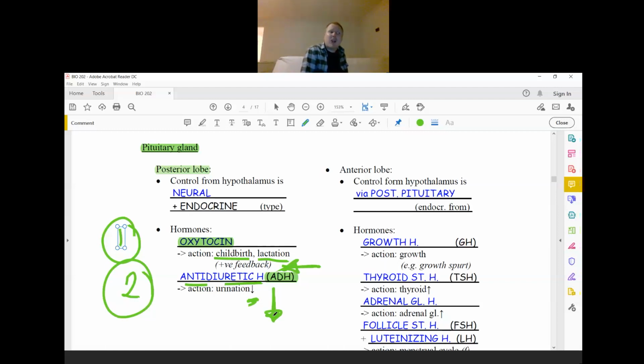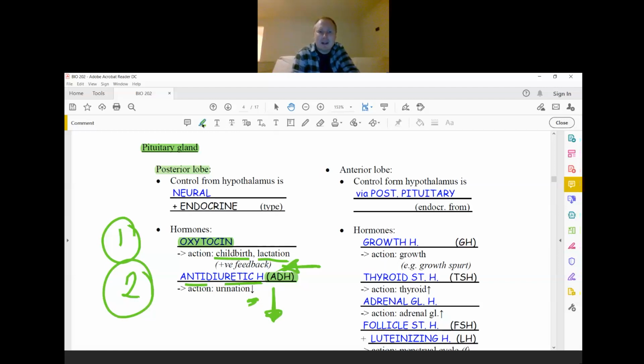And we'll actually end up talking a bit about the ADH in our chapter where we look at the kidney function later on this course. So this is a hormone that I want you to be aware of. You don't need to know exactly how it works. You just need to know where it works and what it does. And exactly how it works we'll cover later. So that's a good example of why a lot of these hormones are kind of tricky to study at this level, because you don't get the full explanation.